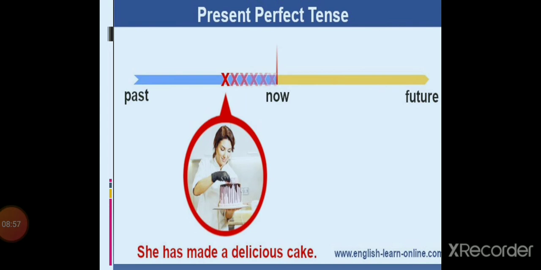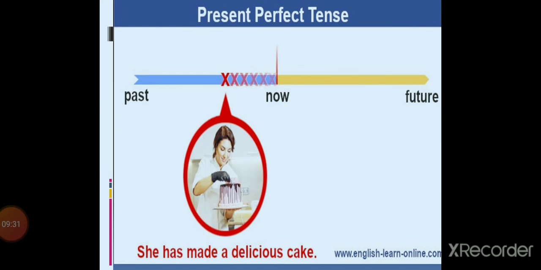And after 11, that time we could say that she has made a delicious cake. It means that the action of preparing the cake was started in the past and just now the action has been done, right? So these types of things we could consider under the present perfect tense.